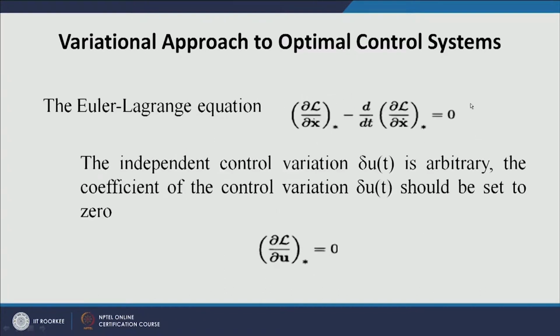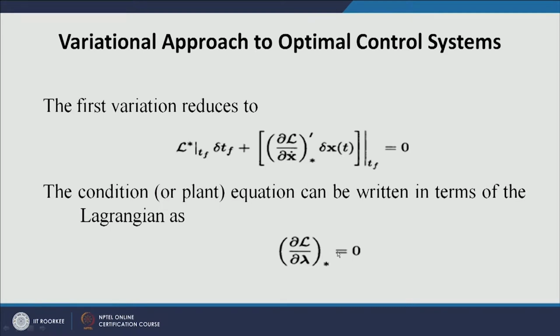This gives me the EL equation: del L by del x minus d by dt of del L by del x dot equals 0. If this is 0, then the coefficient of the independent variable delta u will also be 0, so del L by del u is 0. My terminal condition is L(tf) plus del L by del x dot times delta x(t) at the tf point equal to 0. Up to this we covered in the previous class.